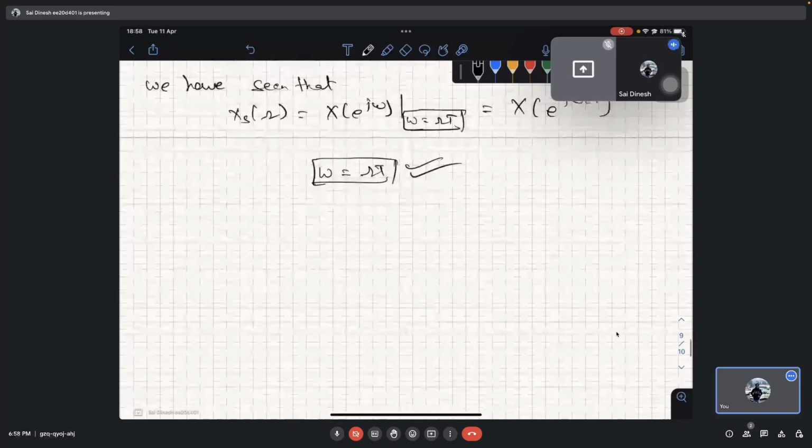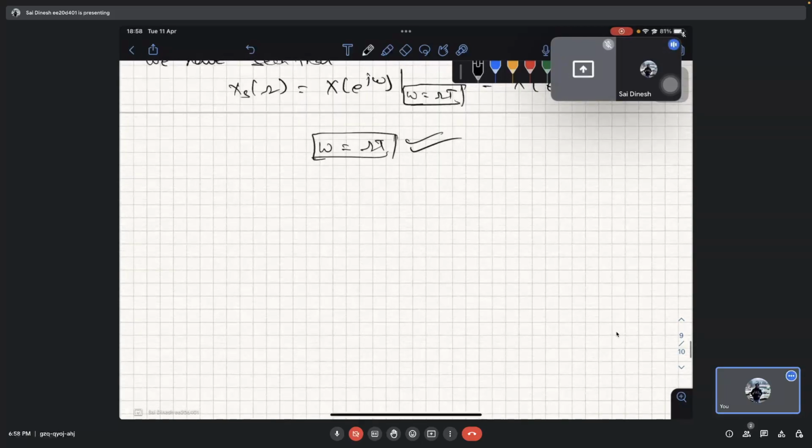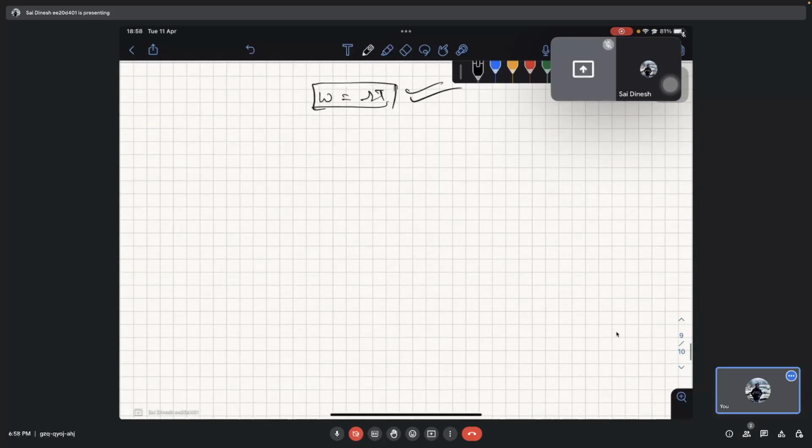Okay, and question 7 is, let x of t be equal to cos omega naught t, where omega naught is 10 pi by 3.